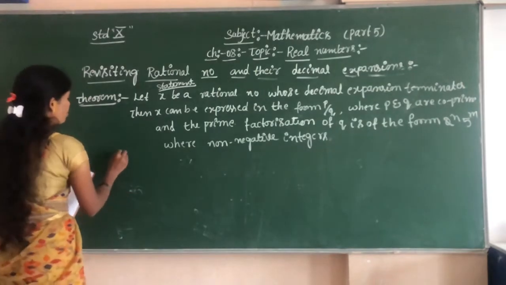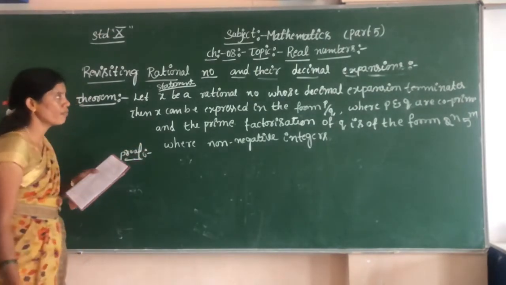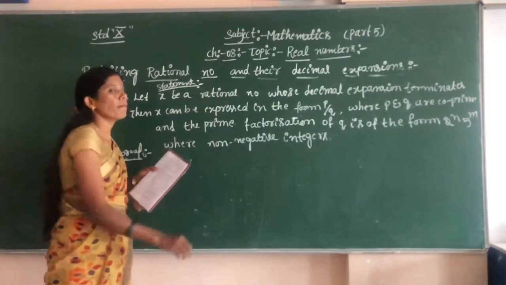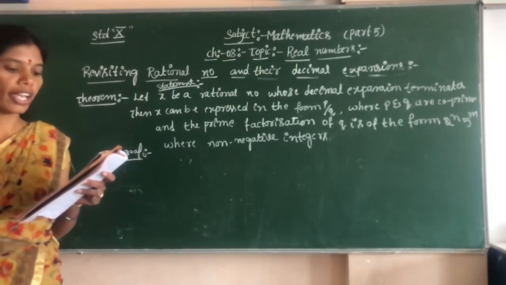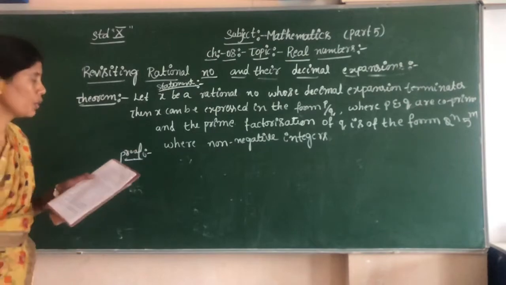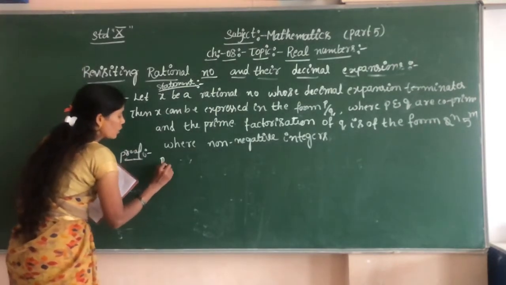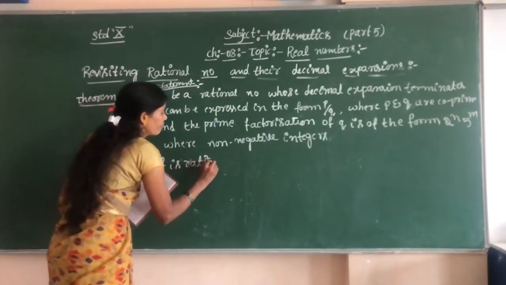So proof. What is the proof? p by q is a rational number form. Okay, the prime factorization of q is of the form 2 to the power of n, 5 to the power of m. p by q is a rational number form.